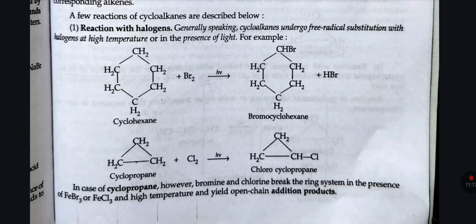In case of cyclopropane, however, bromine and chlorine break the ring system in the presence of FeBr3 or FeCl3 and high temperature and yield open chain addition products.